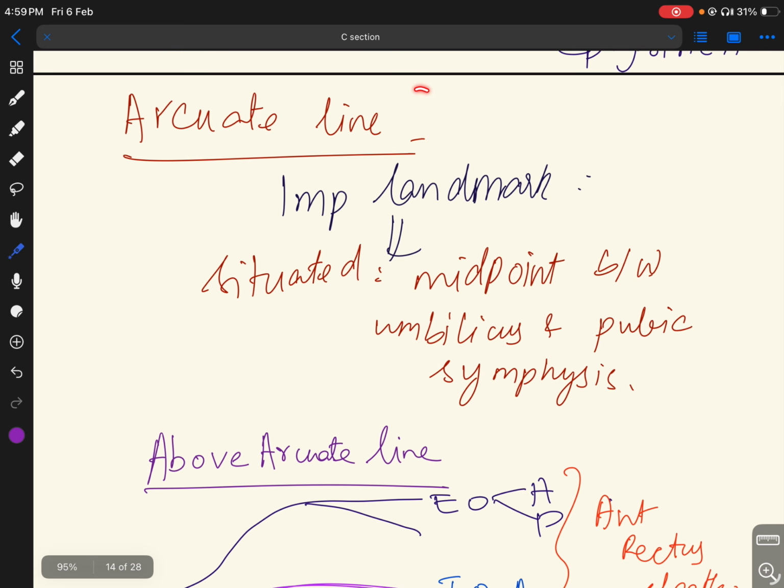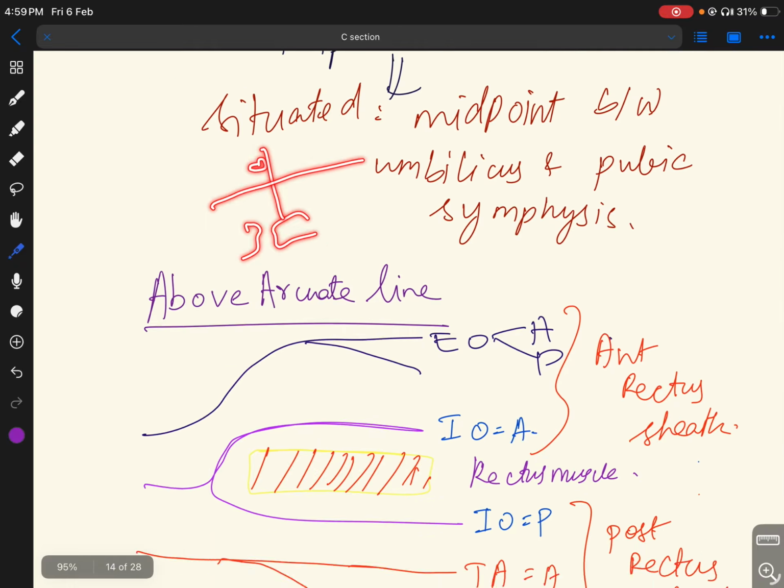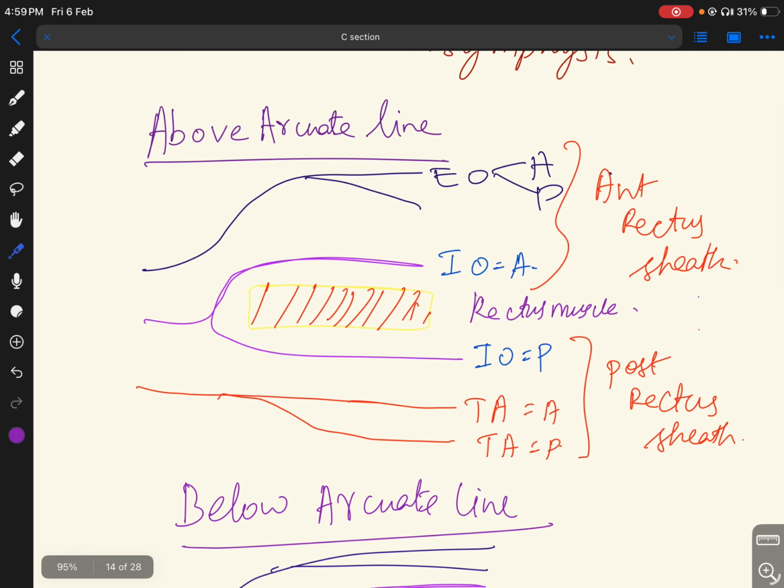So arcuate line is an important landmark. It is situated between umbilicus and pubic symphysis. That is the midpoint. Above arcuate line, if you see, you have external obliques, anterior and posterior lamellae, and internal obliques, anterior lamellae above the rectus muscle. And below it, you have internal obliques, posterior lamellae, and transversus abdominis, anterior lamellae, and transversus abdominis, posterior lamellae.